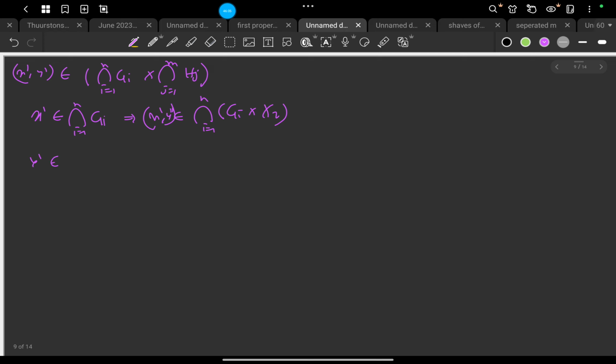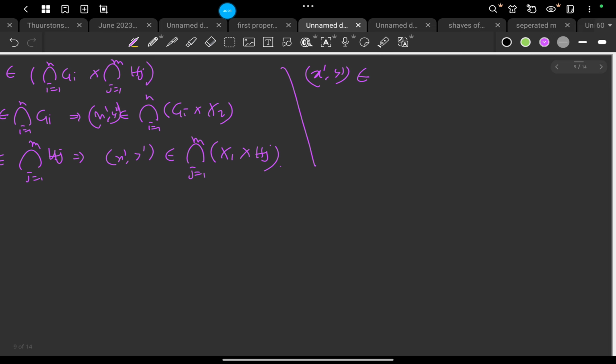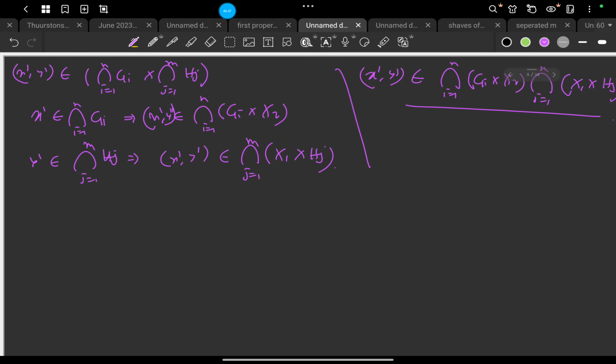And similarly y' belongs to the intersection of all Hj, j equals 1 to m, so that means (x', y') belongs to X1 cross Hj for all j. So (x', y') belongs to the intersection of Gi cross X2 intersected with the intersection of X1 cross Hj. So now this one is basically a subset of this one.